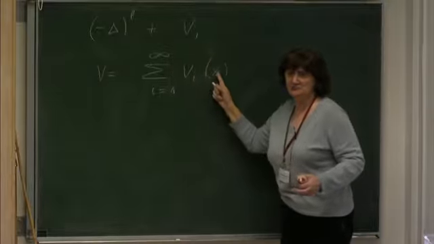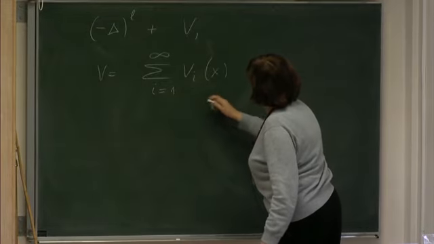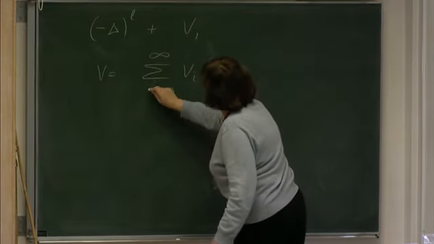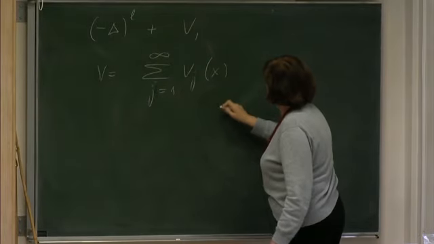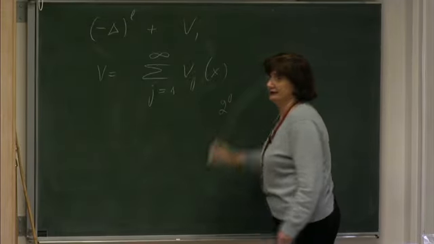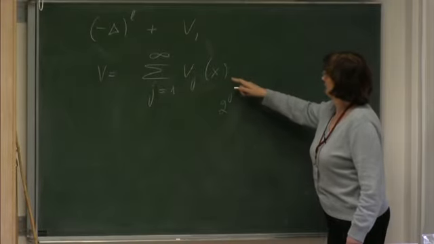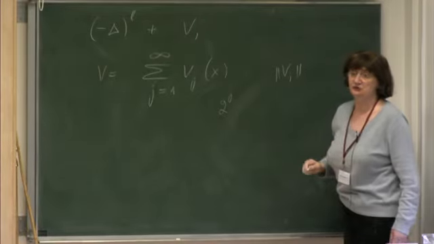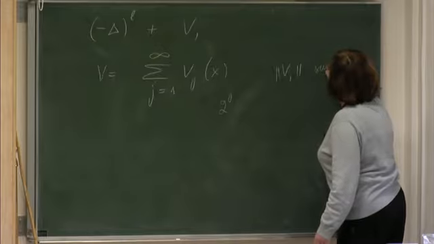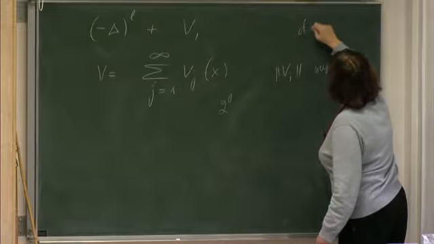Each of them is periodic, but the periods are doubling. So V_i has a period 2 to the power j, but the norms of this potential decay very fast, super exponentially. I will tell you later why it is important, and the dimension here is 2.